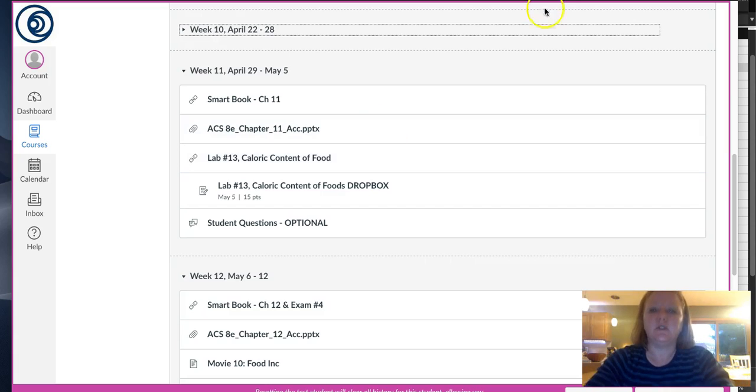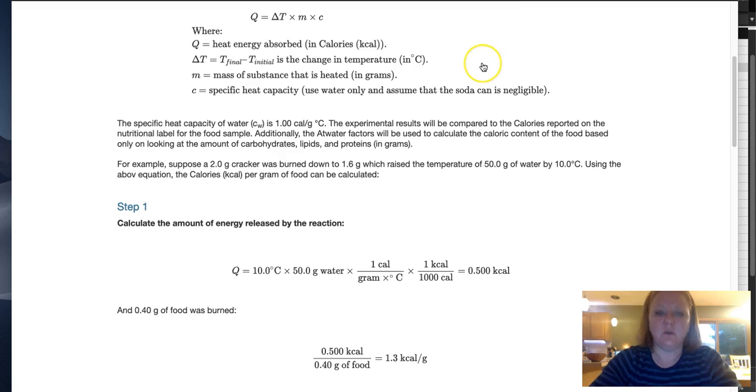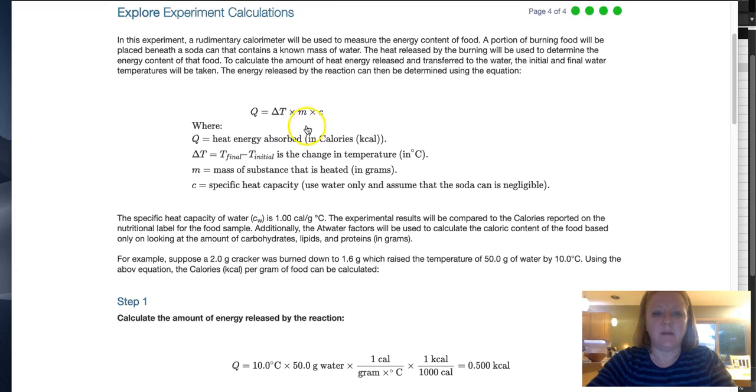Once you collect all your data and do some basic subtraction of temperatures and mass, the first thing the lab wants you to do is calculate how much heat energy was absorbed by the water. On my screen, from the lab, this is the equation you're going to use.